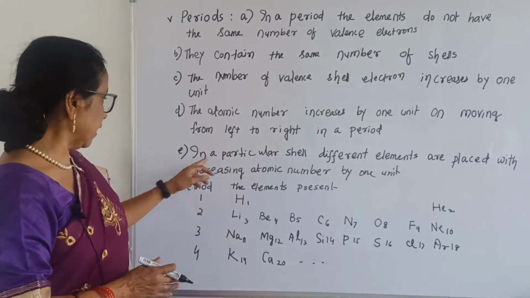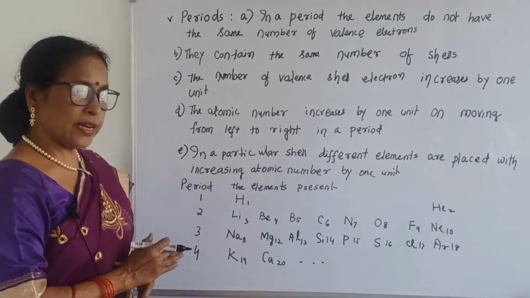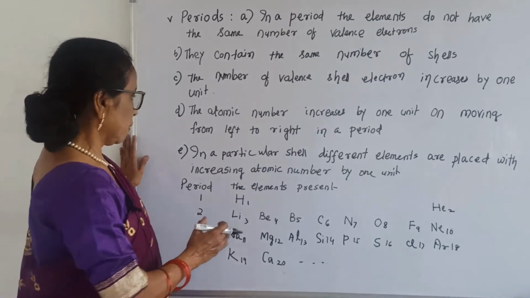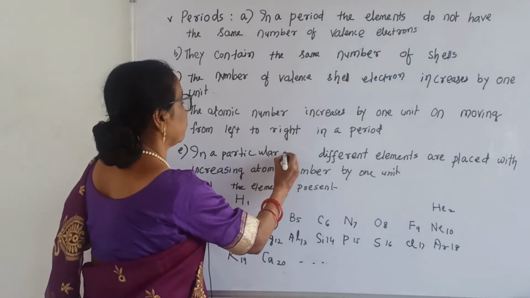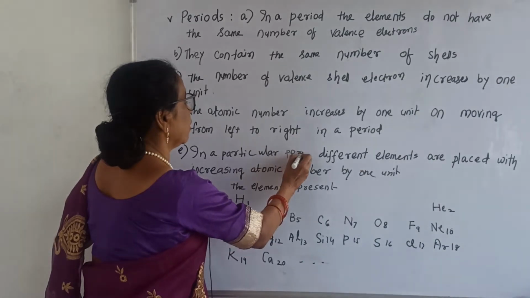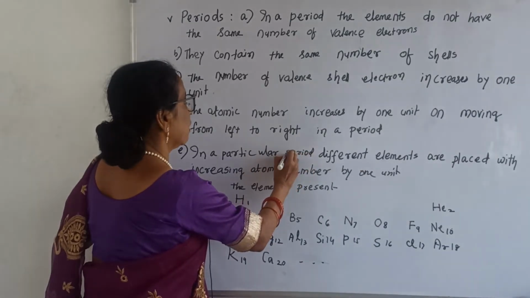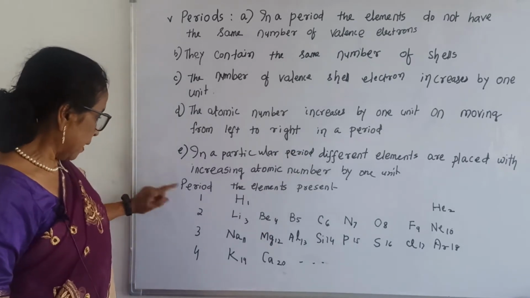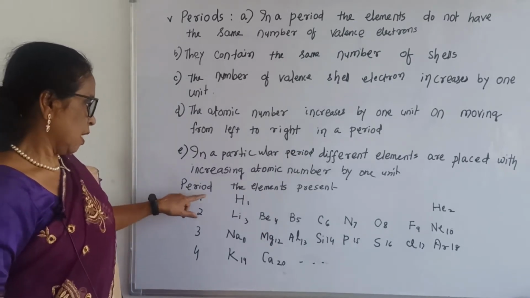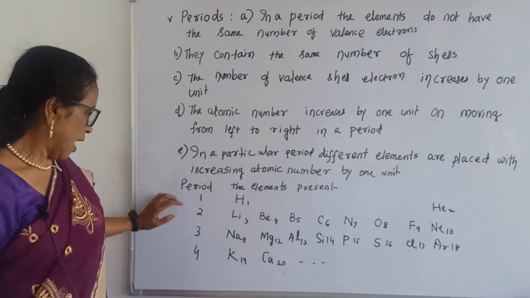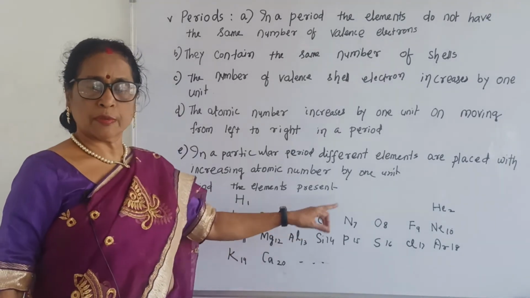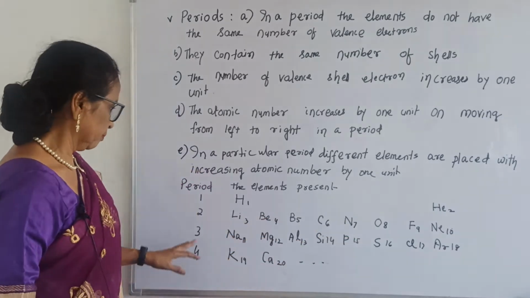So see here, in a particular period different elements are placed. Suppose in the first period, hydrogen and helium, and in the second, lithium, beryllium, boron, carbon, nitrogen, oxygen, fluorine, neon.